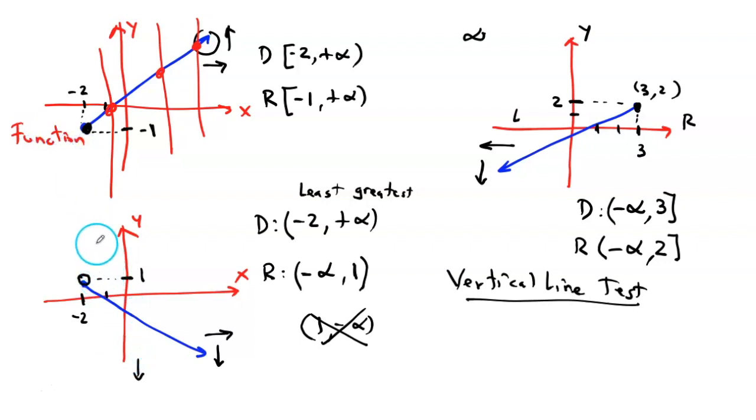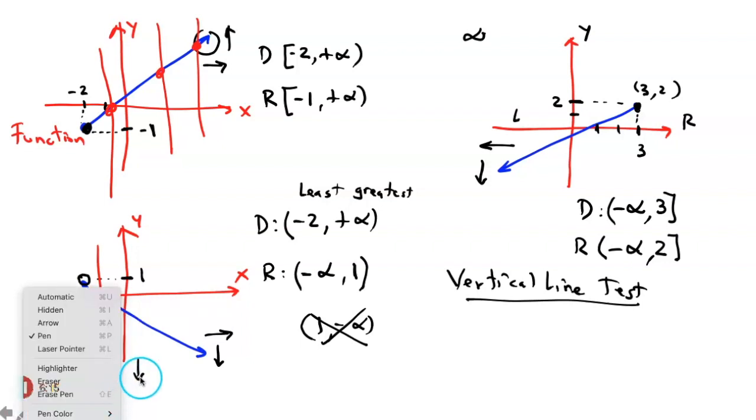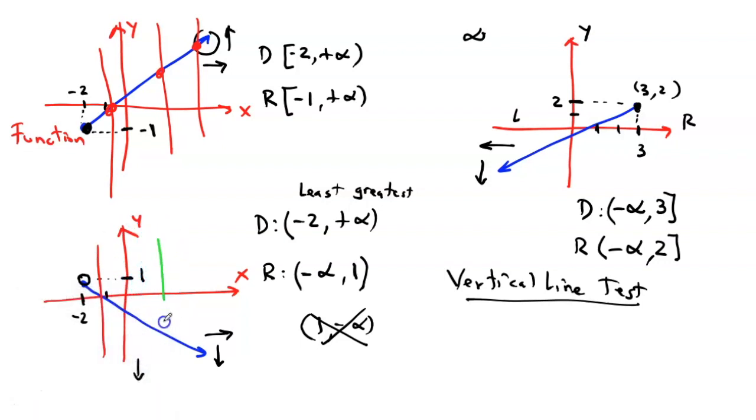Let me change the color because that red is not really clear. Let's go with green. Here we go. So let me draw a green vertical line, touching my graph at only one point. Because it's touching only one point, then this graph belongs to a function.